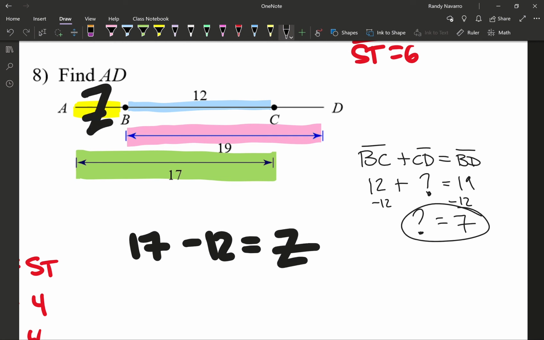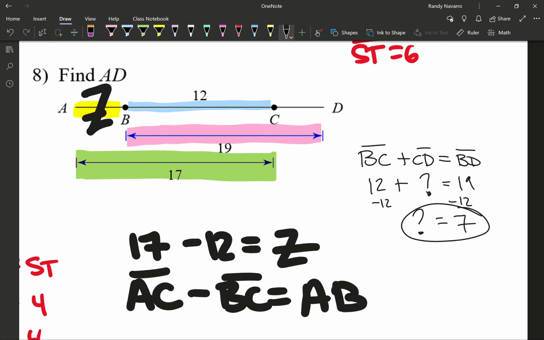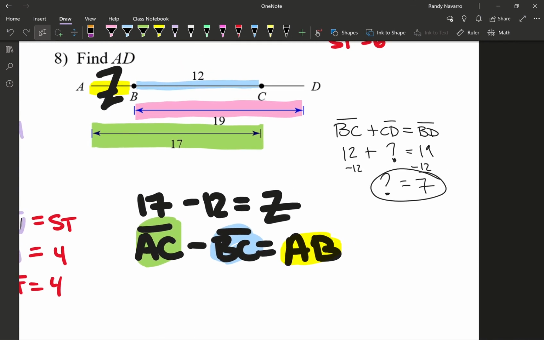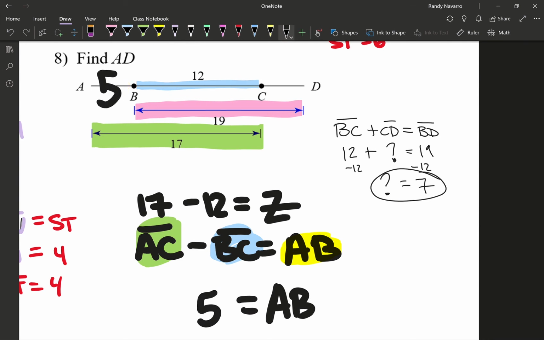In other words, we could take AC minus BC and that equals AB. We could take the green, subtract the blue, and get the yellow, the Z. AB in this case is just going to equal 5. So this piece is 5.